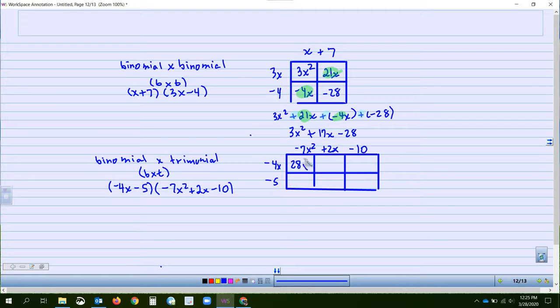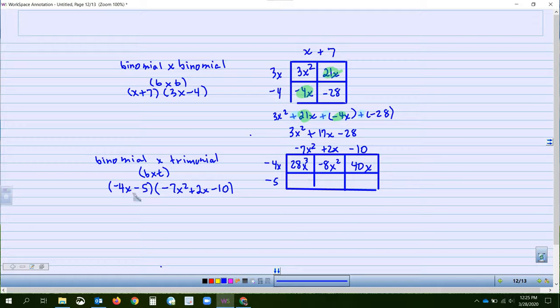X times x squared is x to the third. Negative 4x times plus 2x gives me a negative 8. What is x times x?